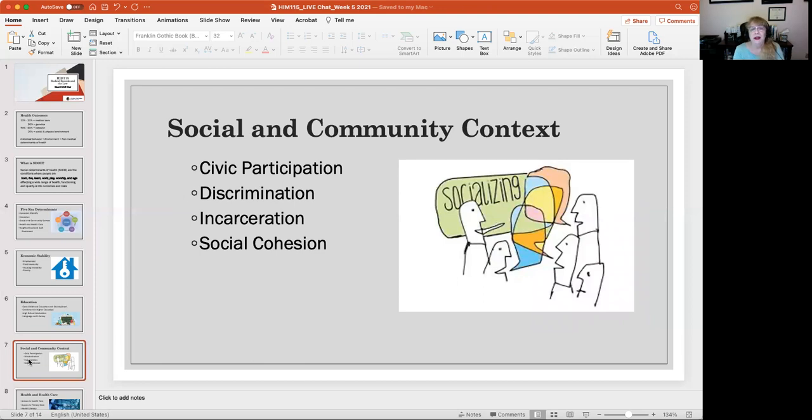Social and community context. So now we are talking about not just socializing, as in joining a club or your neighborhood watch or something, but it could be civic participation, volunteering to work the polls on election day, or just drive people to and from the polls. If politics is something you're interested in, or just the civics of the way we run things, working to prevent discrimination.